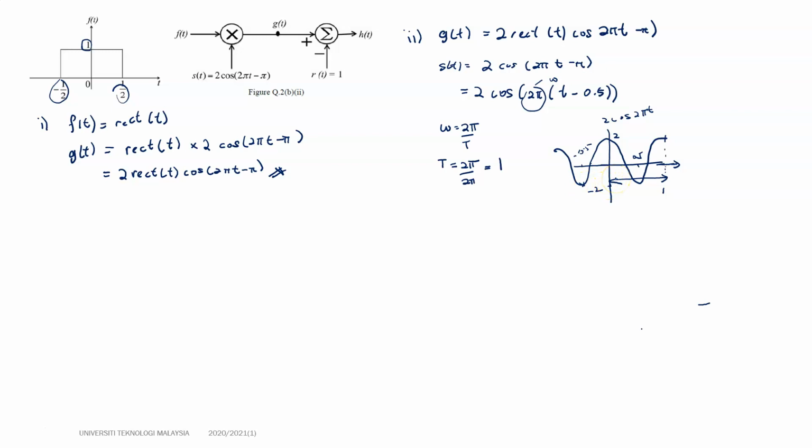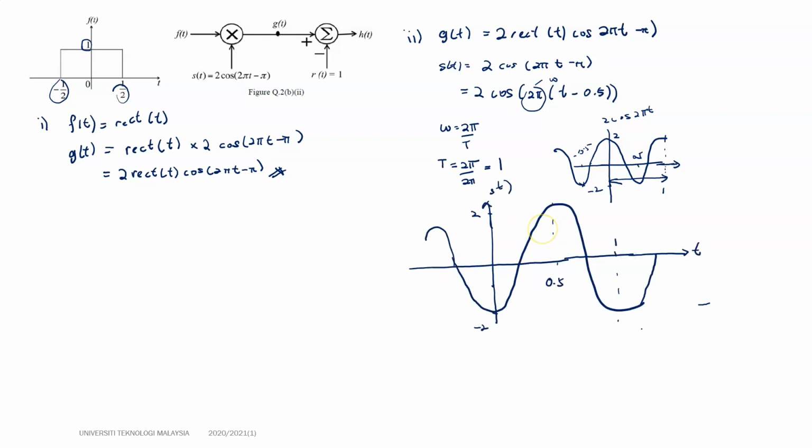So for 2 cos 2 pi t minus 0.5, the drawing is like this. So here is the drawing for st at negative 0.5. The same amplitude, and now this signal is being multiplied with ft.